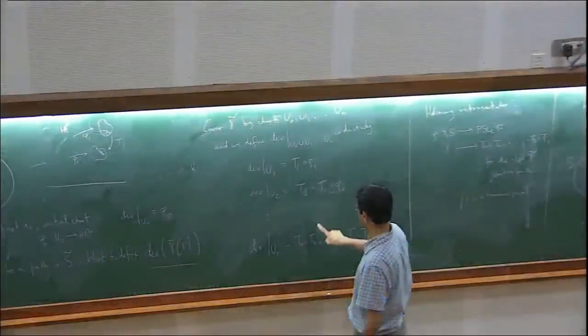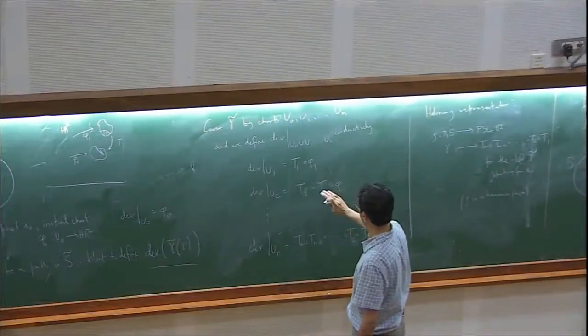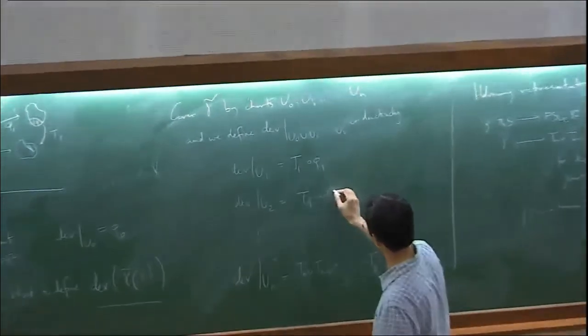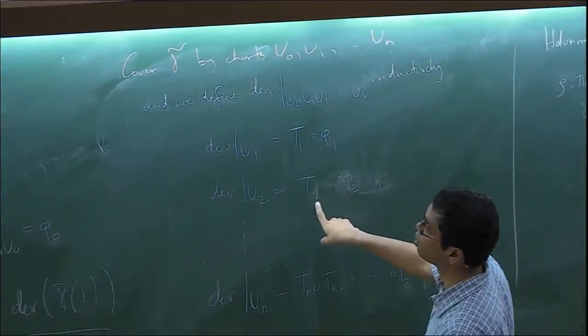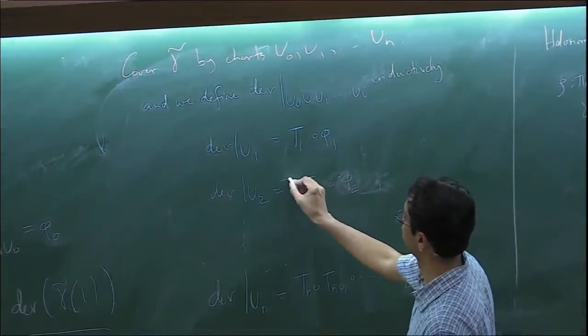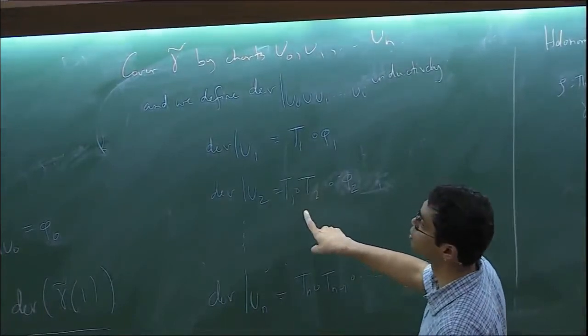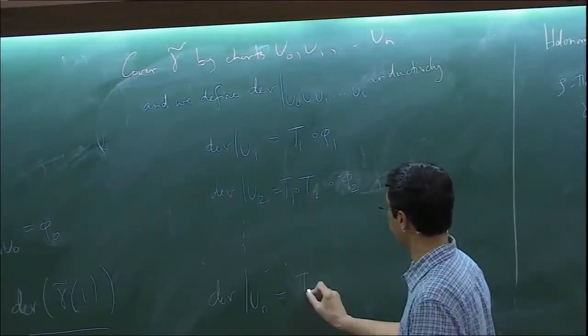So did I get this wrong? So maybe this is T2. That's right. So it's an inductive process. So you have phi 2, then T2, and then T1. Is that correct now? I see, so I got the order wrong. All right.